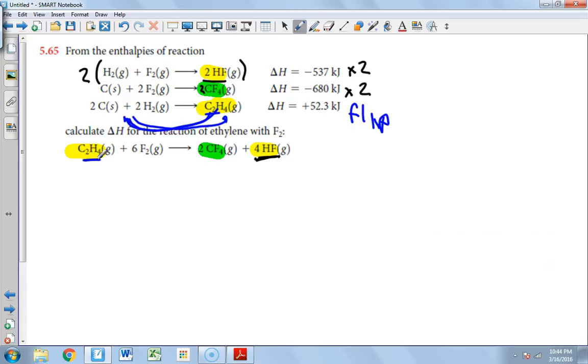In order to find out what the delta H is, the delta H is equal to whatever manipulation we've done.